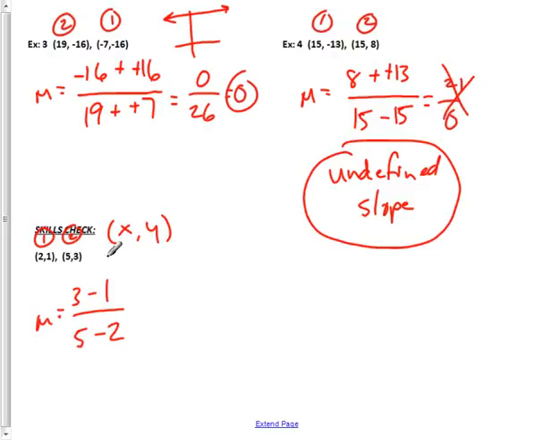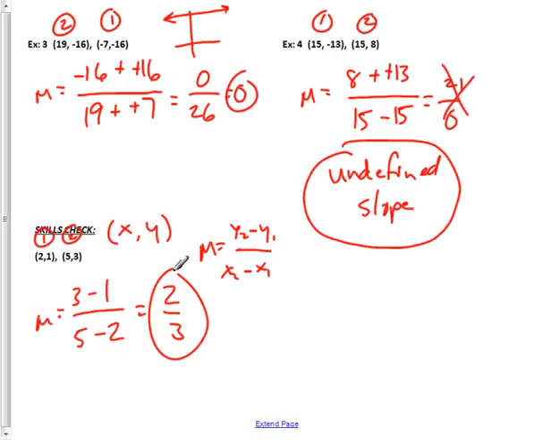So when I say y2 is 3, and remember the formula, m equals y2 minus y1 over x2 minus x1. The 1s and the 2s just refer to which point you're talking about. So I'm going to get 2 over 3, and that's my slope. I can't simplify that anymore, and I'm done.